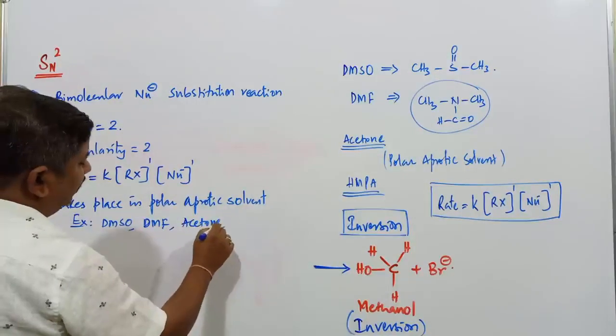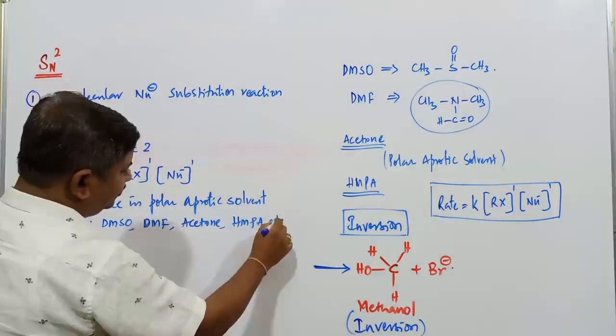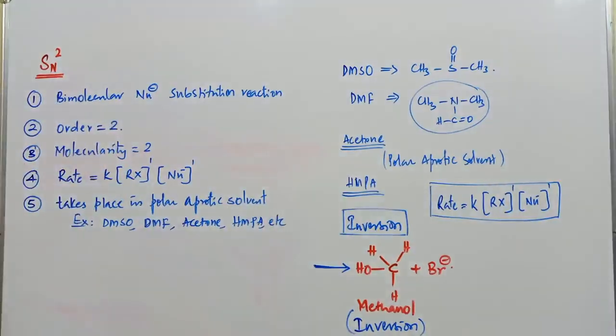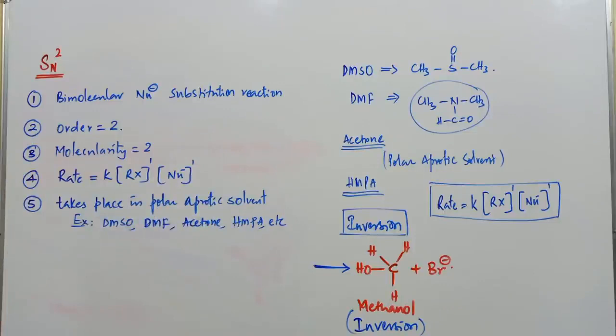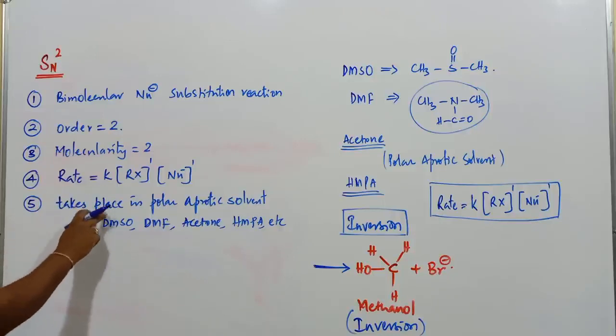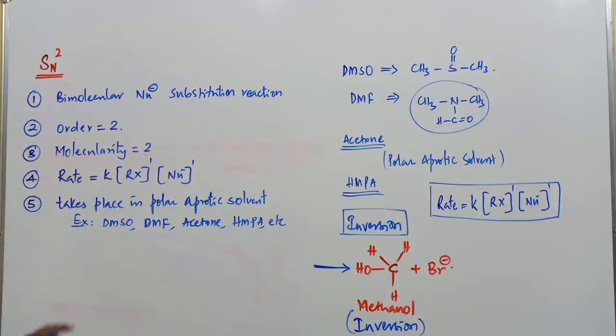So many solvents, HMPA, hexamethyl phosphoramide. In the presence of all these polar aprotic solvents, this reaction takes place. And I am comparing simultaneously with the SN1 mechanism. SN1 mechanism takes place in the presence of polar protic solvent. Best examples are water, methanol or ethanol. So those are the examples.